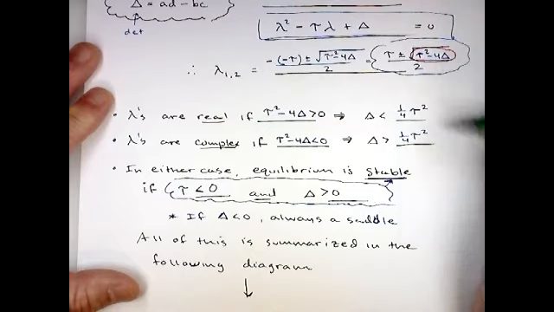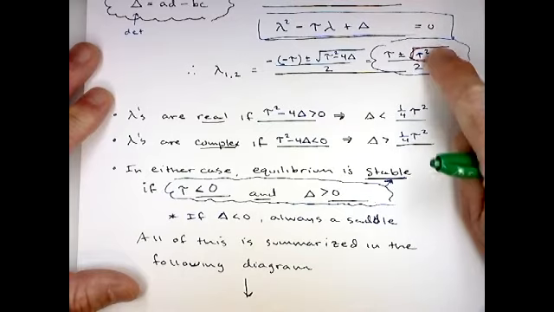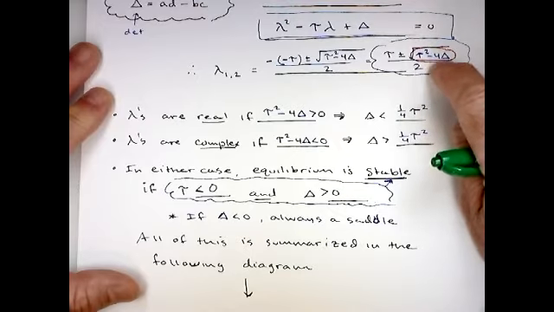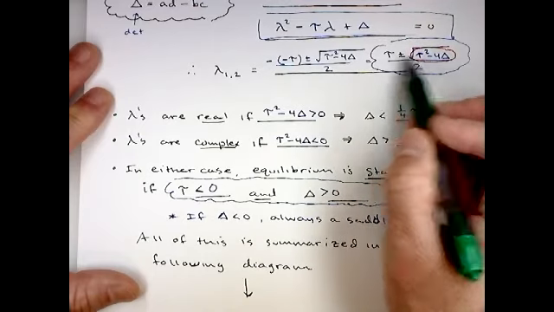So think about this. Without that minus 4 delta, what do you have? You have tau plus or minus tau, right? The square root of tau squared would be tau, over 2.